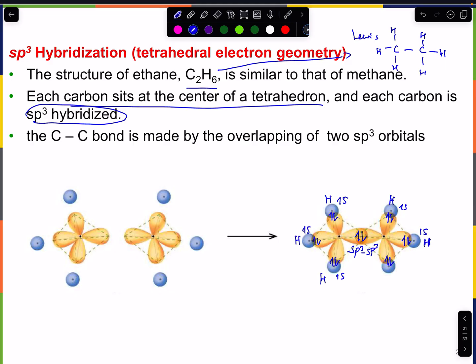For oxygen and nitrogen, since they have lone pairs, these lone pairs will be located on one of those sp3 orbitals. So the oxygen atom will be using two sp3 orbitals to put those two lone pairs. The nitrogen atom will be using one sp3 orbital to put that lone pair. And the other three sp3 orbitals on the nitrogen atom will be used for bonding.